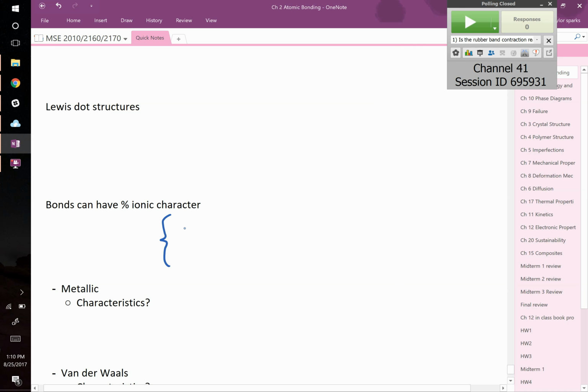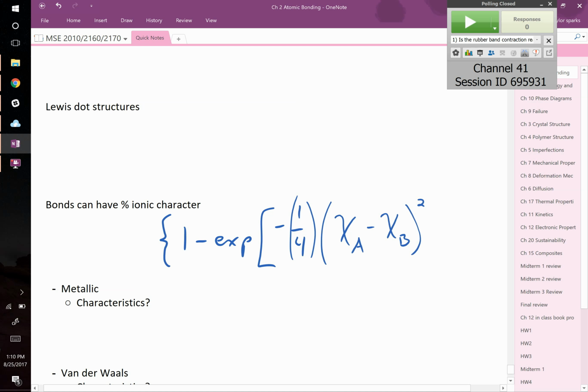Right? It's going to be 1 minus the exponential of the quantity, negative 1/4, multiplied by the quantity of the electronegativity of your two atoms that you're interested in, subtracted from one another and squared. That's called the deviation.